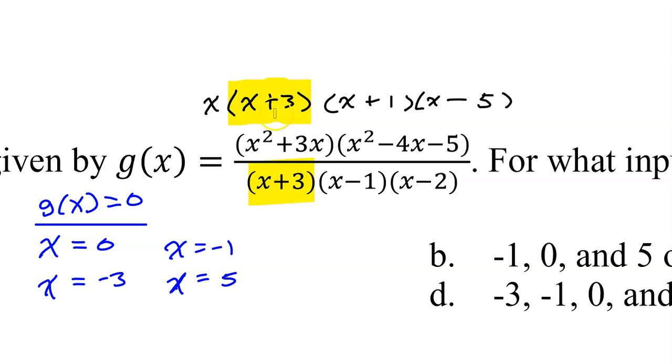It would cause a 0 in the numerator and the denominator, but that's still undefined. So this one has to be thrown out. So this will not be included among the zeros. So it will just be -1, 0, and 5.